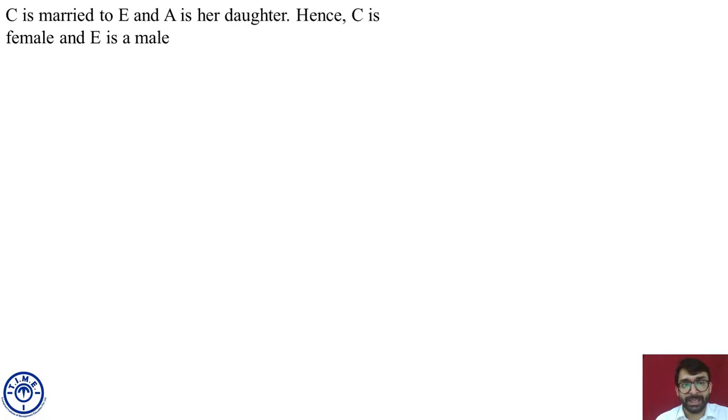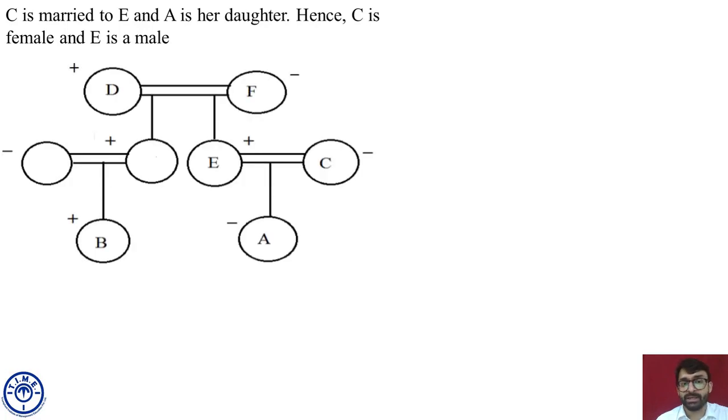C is married to E and A is her daughter. Hence C is a female and E is a male. Let's see how we can conclude this. Now, can C and E be placed in these 2 circles?